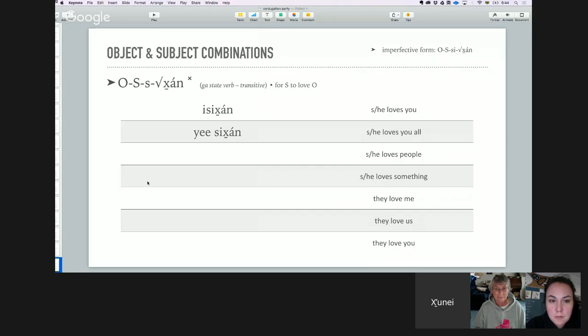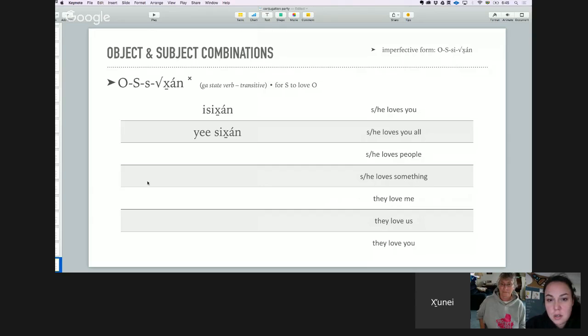Okay. Somebody tell me she or he loves you. It's right there. Isachan. Somebody tells me she or he, or you, love him or her. Isachan, right? It's the exact same. Three to two and two to three are the exact same.